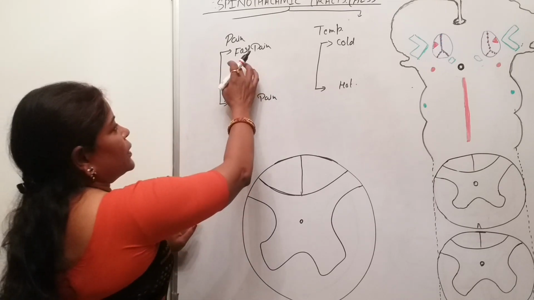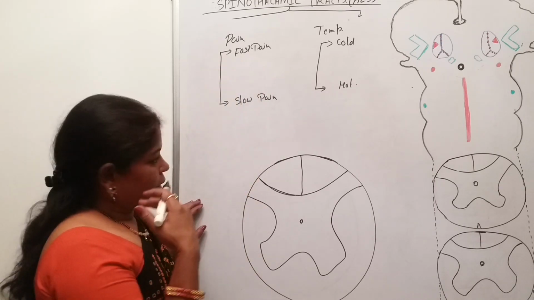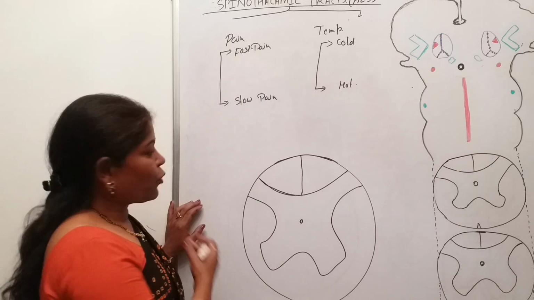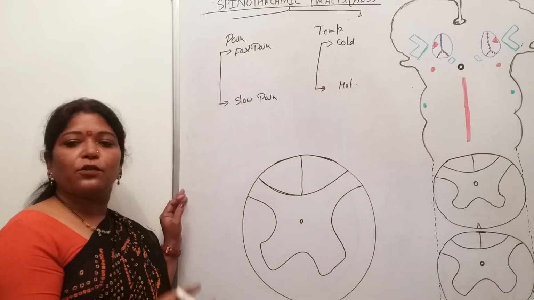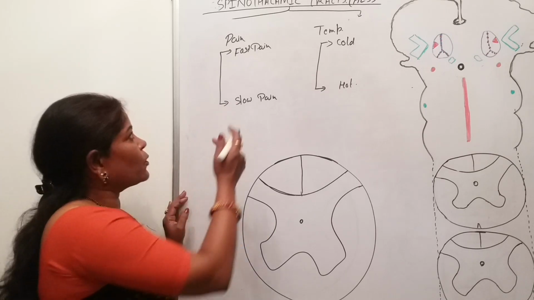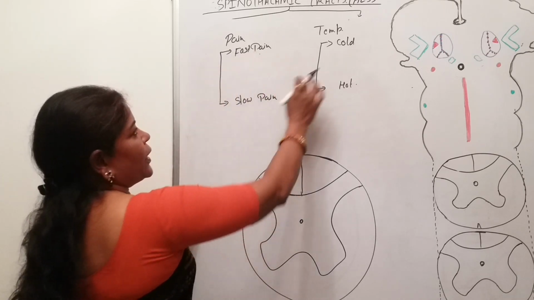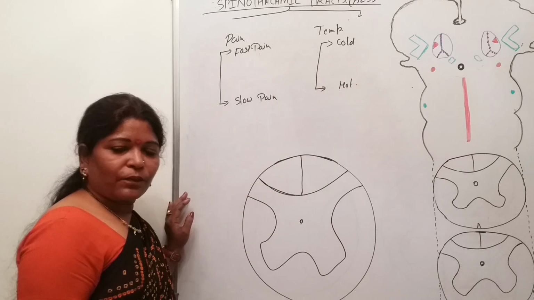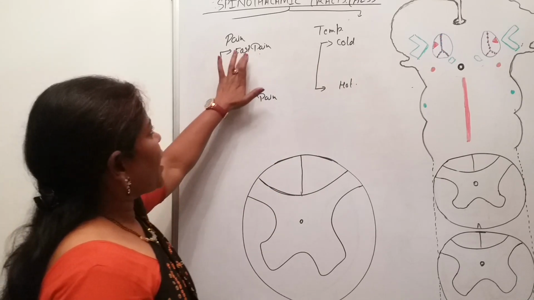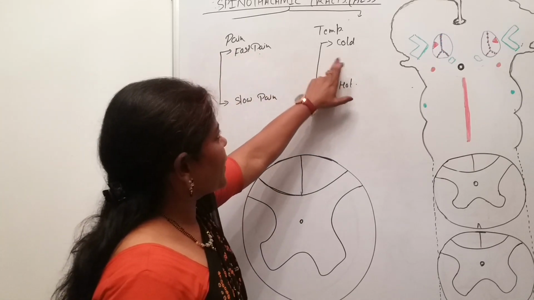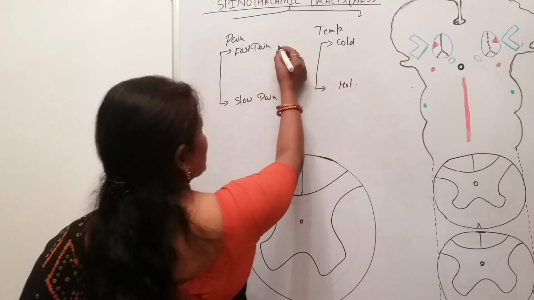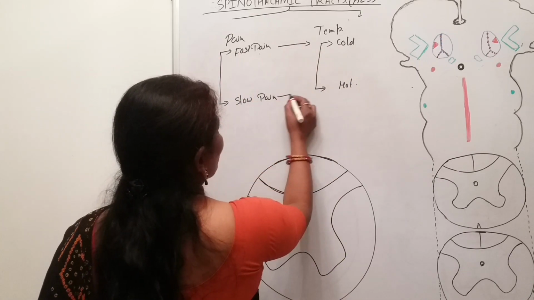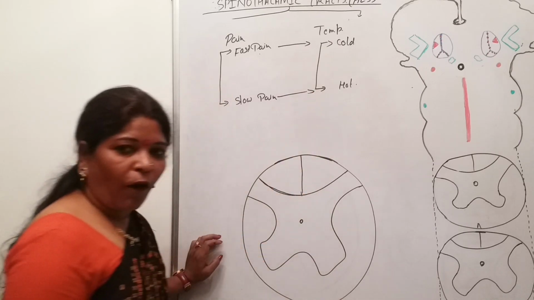So it depends upon the fibers through which these sensations are carried upwards into the CNS. Fast pain opts for which temperature? Anyone? Fast pain, cold temperature or hot temperature? Fast pain will choose the cold temperature, and slow pain will choose the hot temperature.